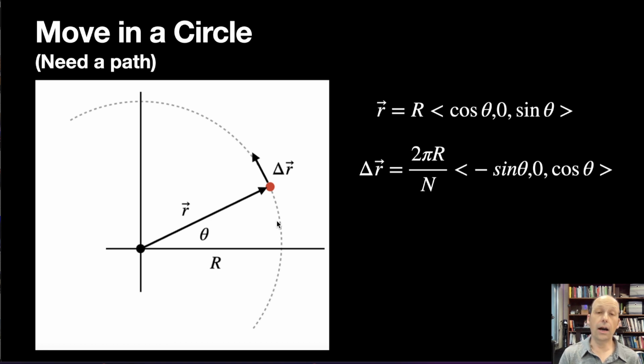And delta r I can get by taking the partial derivative of that with respect to theta, and I get negative sine theta, 0, cosine theta. Oh, I messed that up. And this piece right here just makes sure that each step size adds up to the total length of the circle. So this is the total length around the whole circle, 2 pi r. N is the number of pieces I want to break it into. So I need that to be true too.